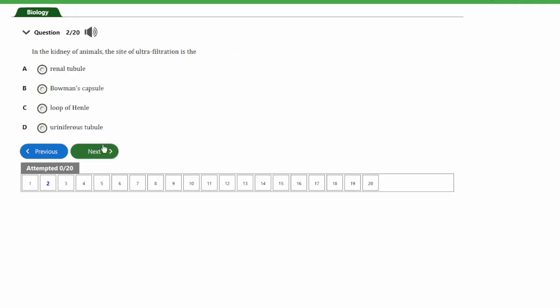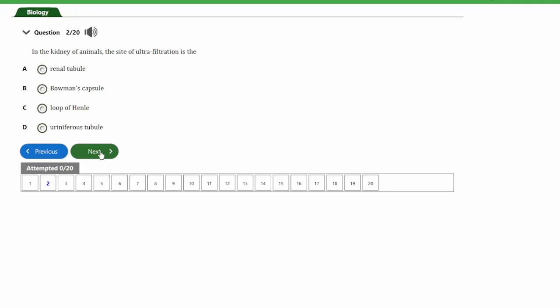So let's look at the next question, and that's question number 2. The question says, in the kidney of animals, the site of ultrafiltration is the A. Renal tubule, B. Bowman's capsule, C. Loop of Henle, D. Uriniferous tubule. So guys, the answer to this question is option B, and that's the Bowman's capsule.